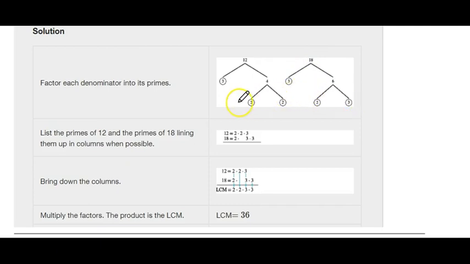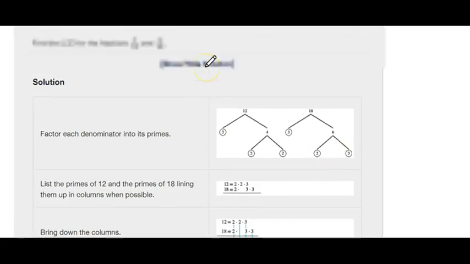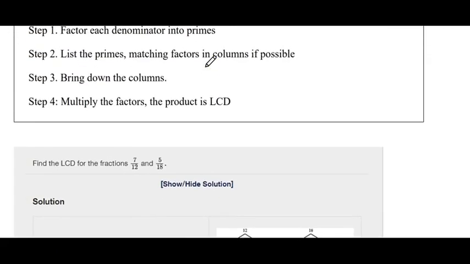So for 18, we would have 2 times 3 times 3. So once you have your factors, 3 times 2 times 2 for 12 and 3 times 2 times 3 for 18, your step number 2 is to list the primes, matching factors in columns if possible.